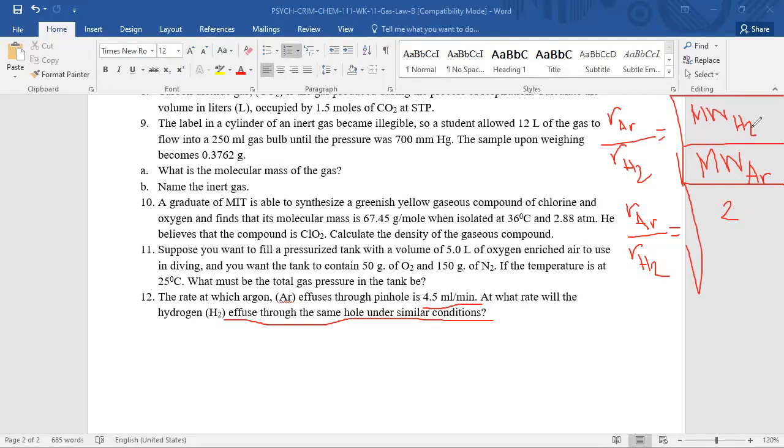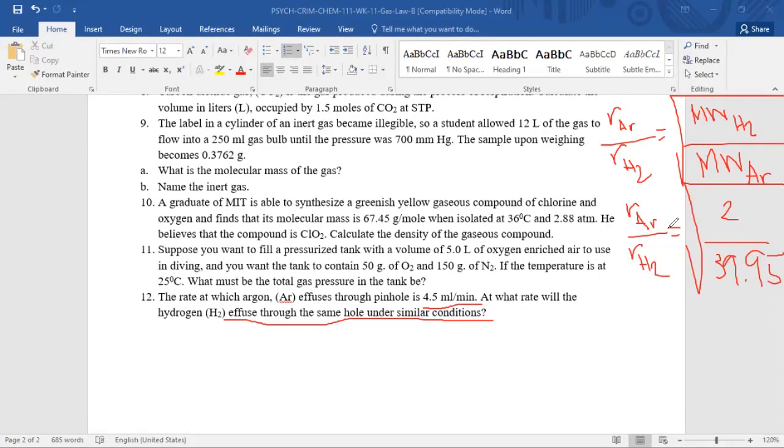Dalawang hydrogen multiplied by its atomic weight divided by argon. Ang molecular weight ng argon, ano nakuha natin kanina? 39.95. Okay. So, 2 divided by 39.95.